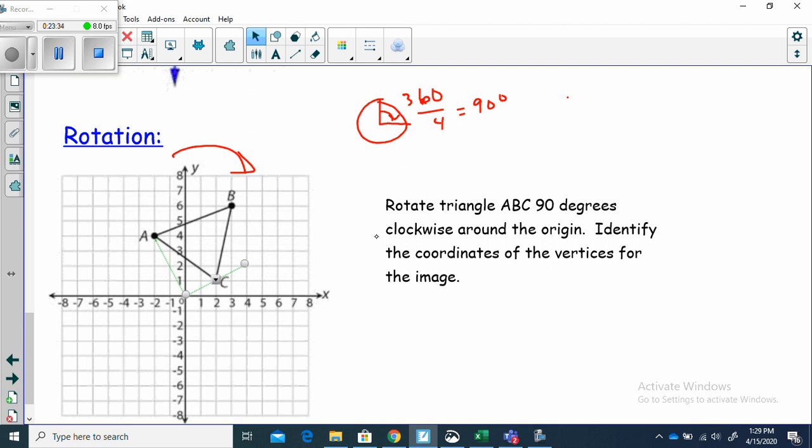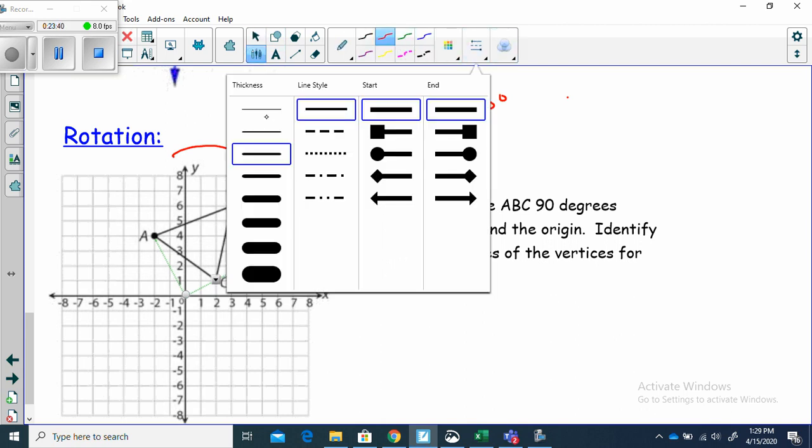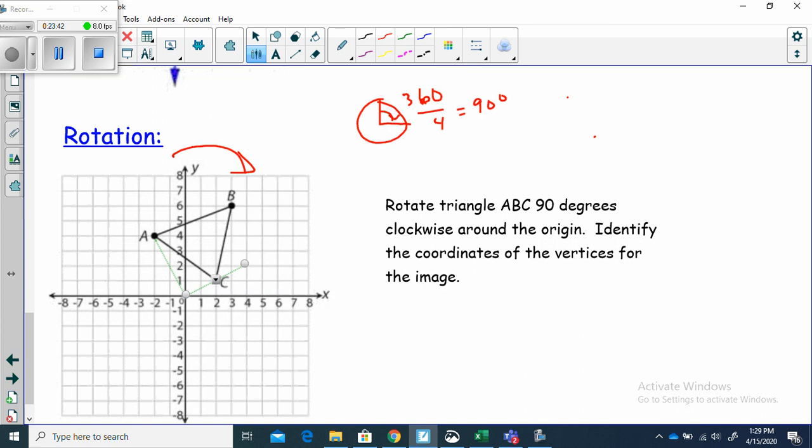Okay, so let's put in our thing here. A was at -2, 4, and A prime, this is where we're moving it to, is going to be at 4, 2.